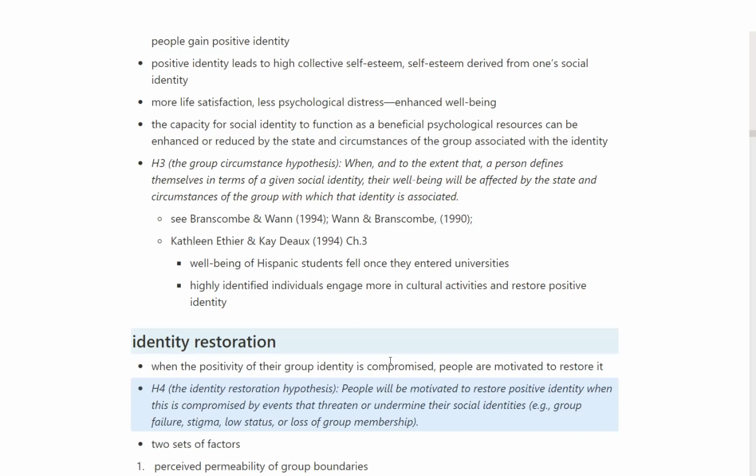They tend to be looked down upon. An example of low status can also be that of Hispanic students in American universities. And the loss of group membership means that their group no longer exists, or they have to leave their group.